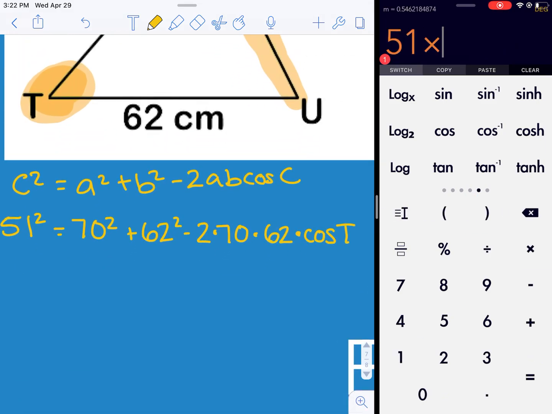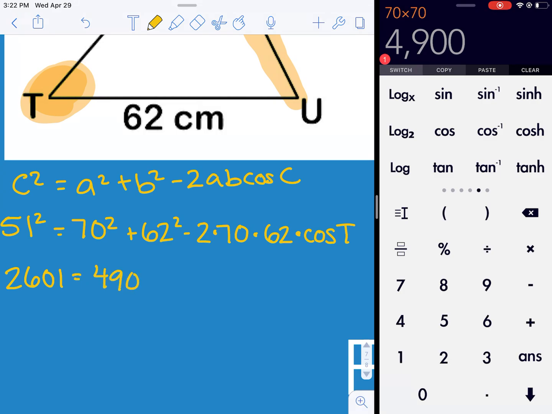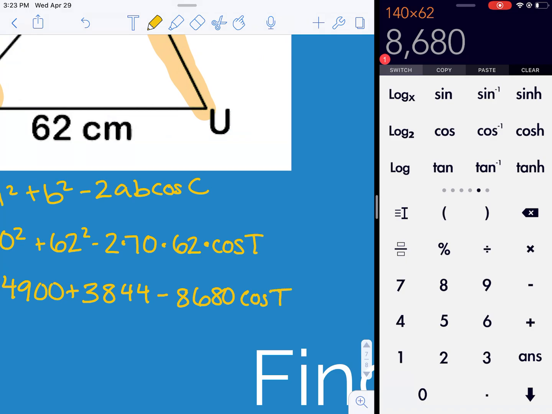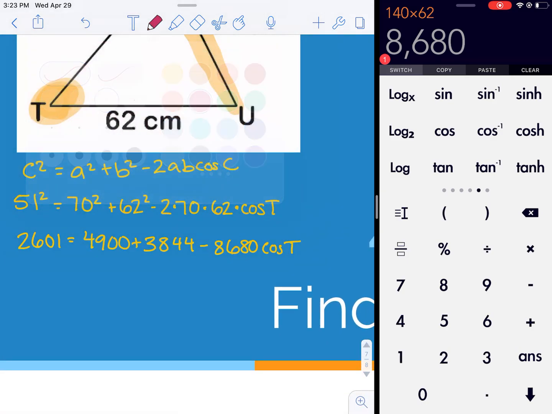And now I'm just cleaning things up. So 51 squared is 2,601 equals 70 squared plus 62 squared minus 2 times 70 is 140, times 62 is 8,680 times the cosine of T. These two pieces do not have a variable attached, so I can go ahead and clean them up.